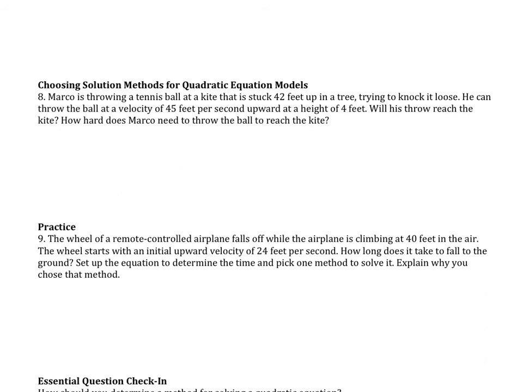All right, so as we look at this, we set this up and we get h of t is, remember, negative 16 t squared, and that's plus 45 t for our velocity, and then plus 4 for our starting height.